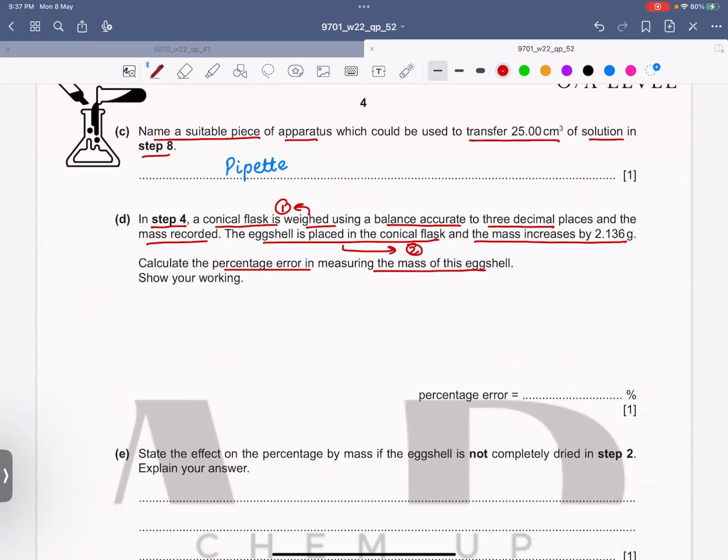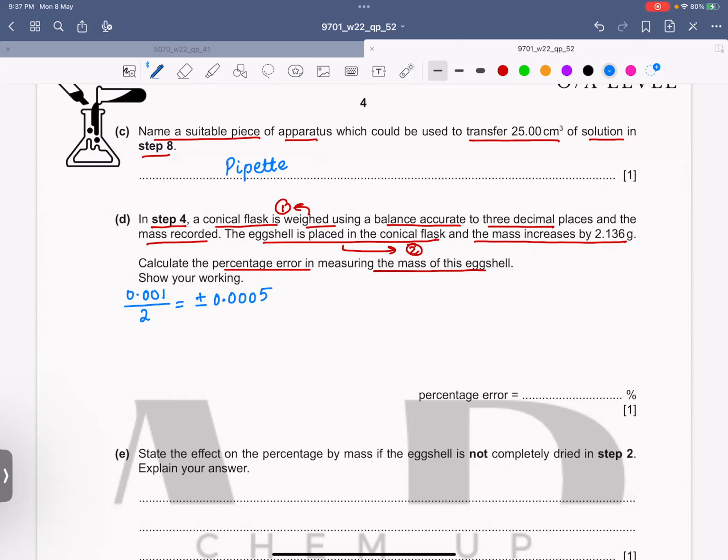So to measure the mass of the eggshell, we took two readings, and what they have told you is that the balance reads to 3 decimal places, so its least count must be 0.001. So 0.001 divided by 2 would give me the uncertainty that any reading on the scale would be 0.0005 uncertain, either positive or negative.